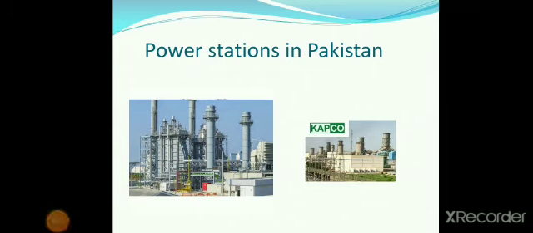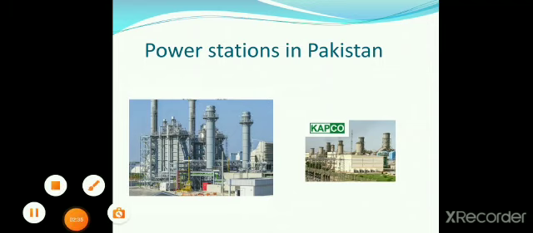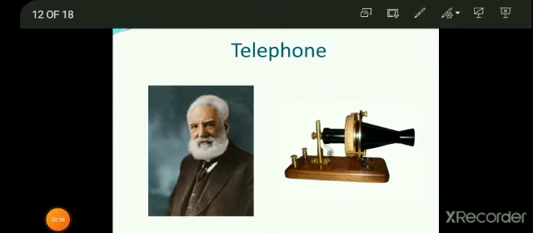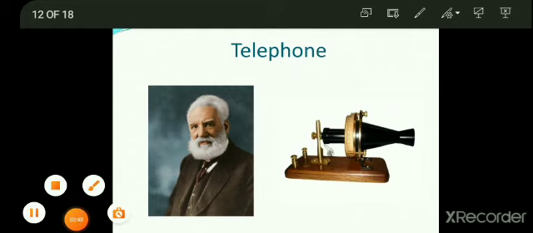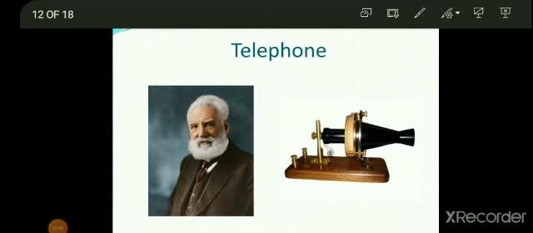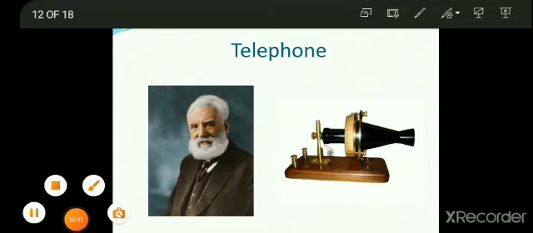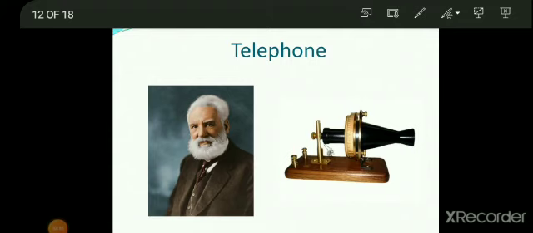These are some pictures of the power stations currently working in different parts of Pakistan producing electricity here in the country. My dear students, another invention of the 19th century was the telephone. A British engineer called Alexander Graham Bell invented the phone.